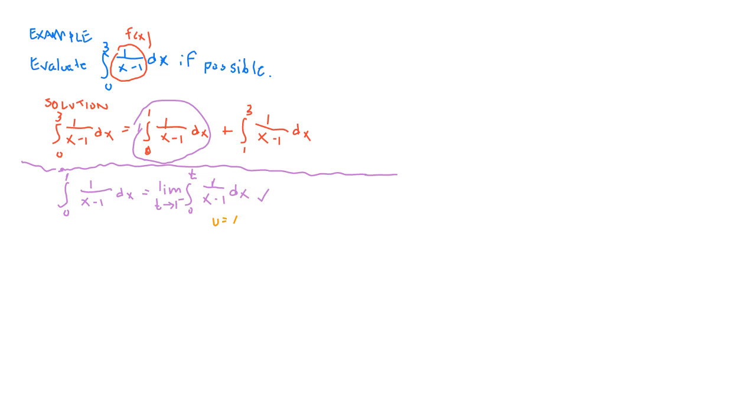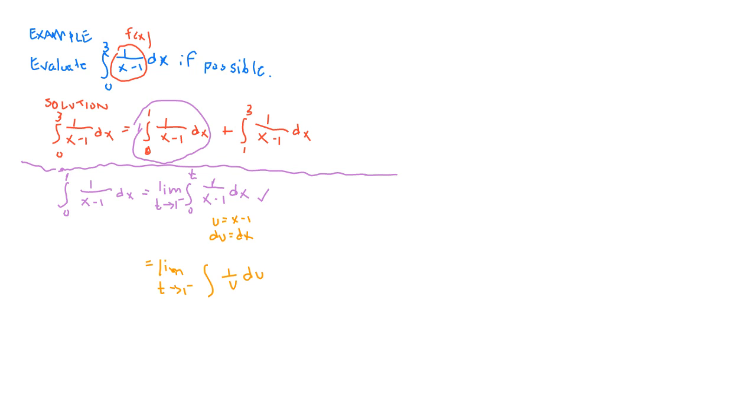All right, Mario, what would you let u be? X minus 1. Okay. So that means du equals dx. All right, and so we'll continue here. We'll have the limit as t approaches 1 from the left, 1 over u du.